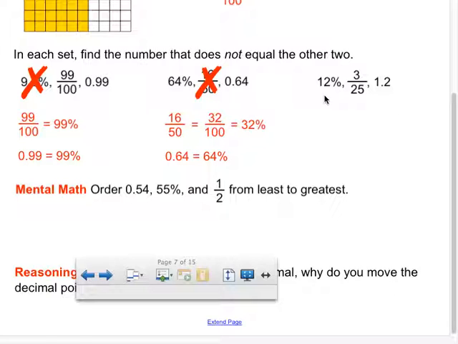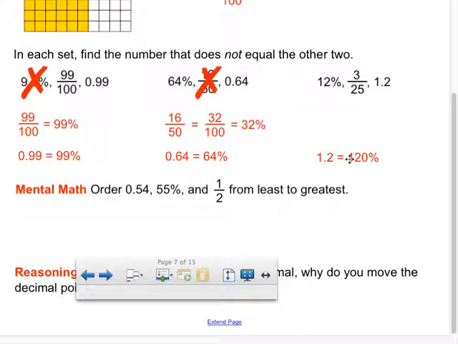Okay, let's do the next one. Who can volunteer for the next one? Jakari, which one do you think doesn't match the set? 1 2/10. So that's correct. Let's convert 1 2/10 to a percent. That's 120%. If I move it over 2 places to make it a percent, right?